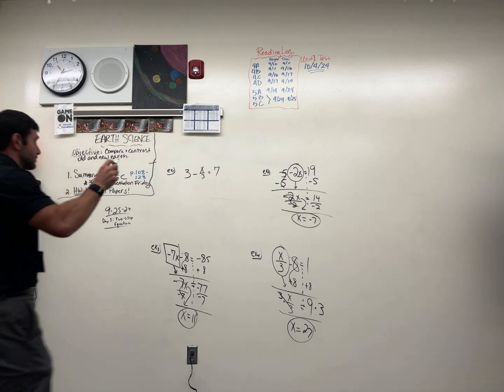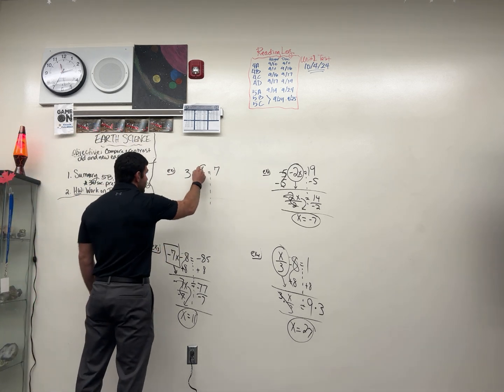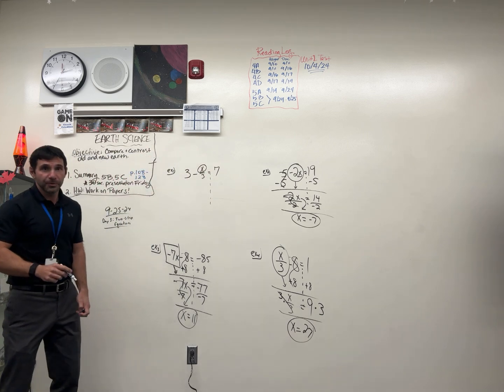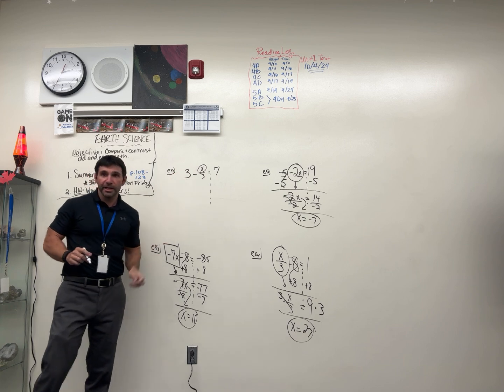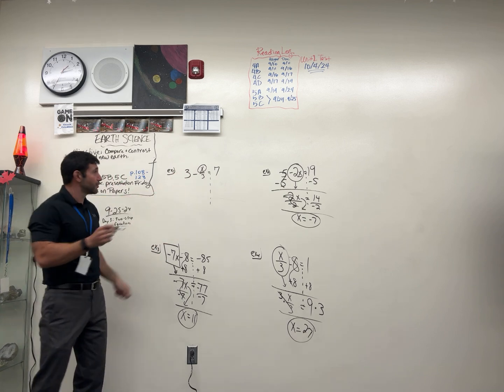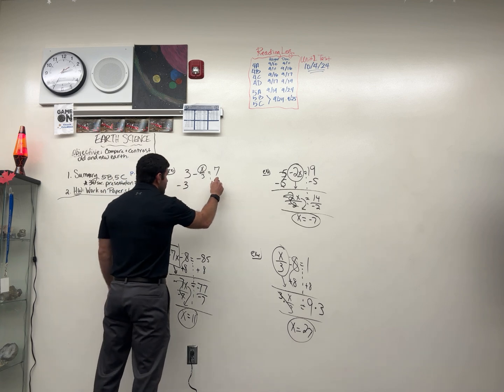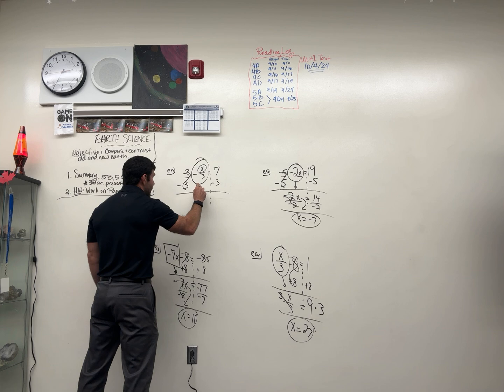Find the balance point. We're trying to get this x by itself. Notice, did I include the negative? Nah, I just circled the x. That's all I want. I need to move the constant. Positive 3. I subtract 3 from both sides. 3 minus 3 is 0. All of this guy comes down.